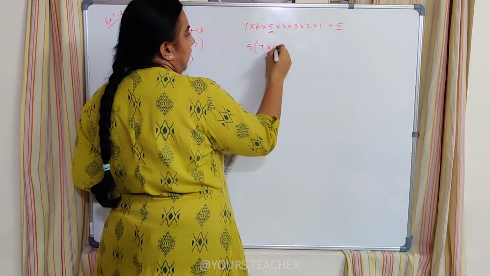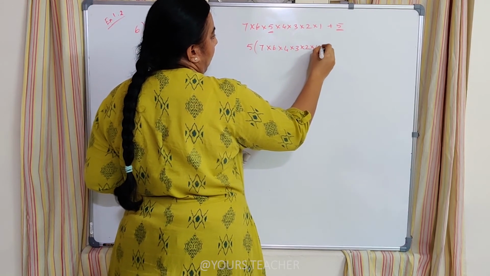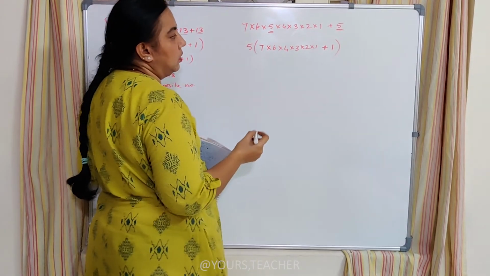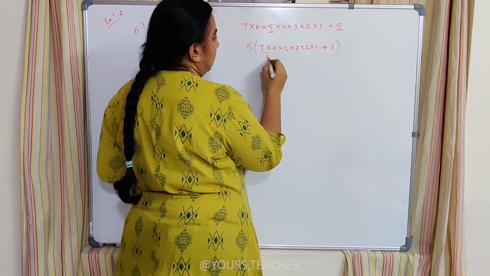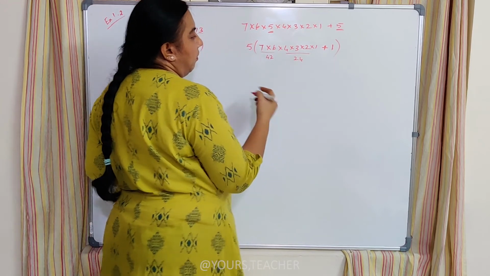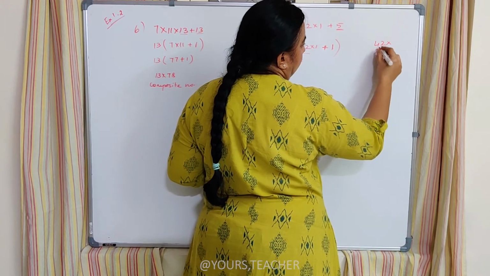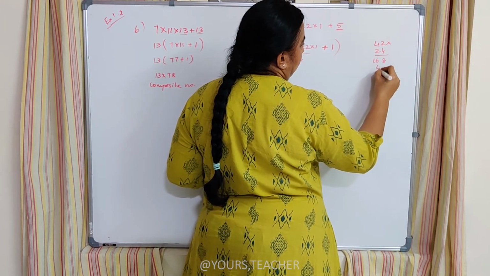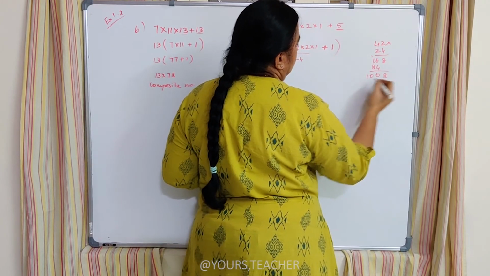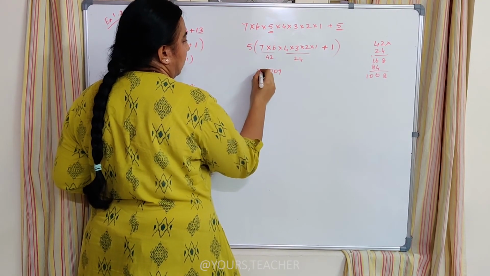The remaining numbers are 7, 6, 4, 3, 2, 1 plus this 1. 7 sixes are 42. 3 fours are 12, 12 twos are 24. 42 into 24 gives 1008. So I get 1008 plus 1, 1009, into 5.